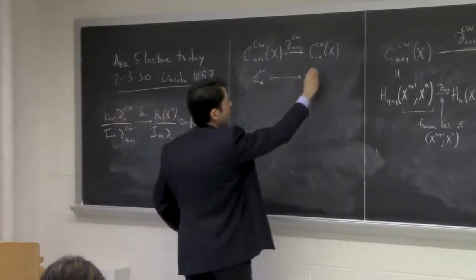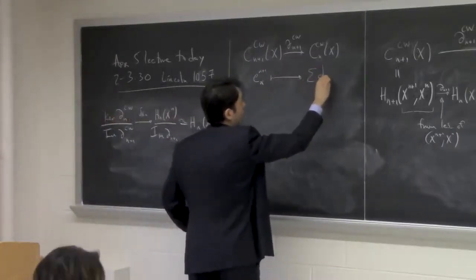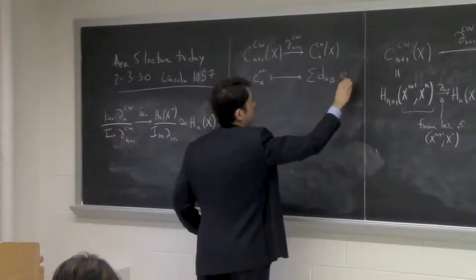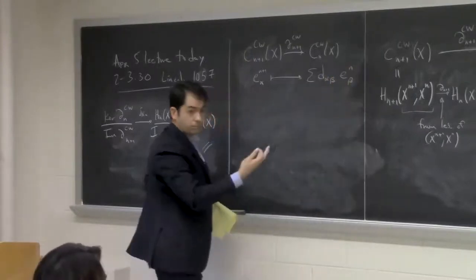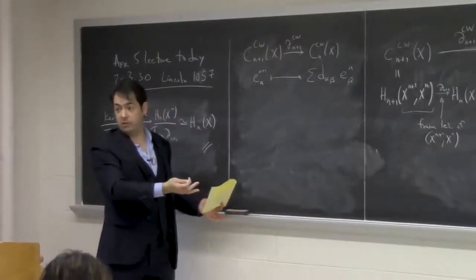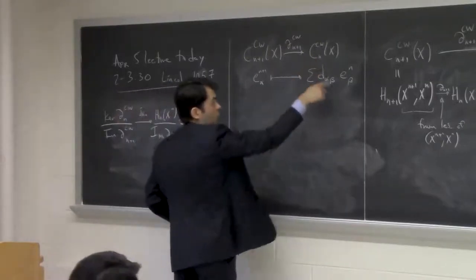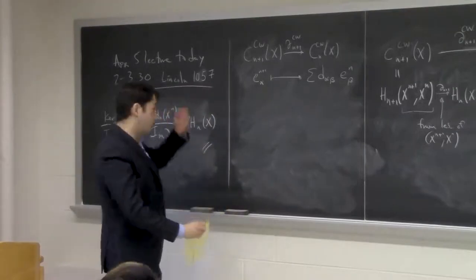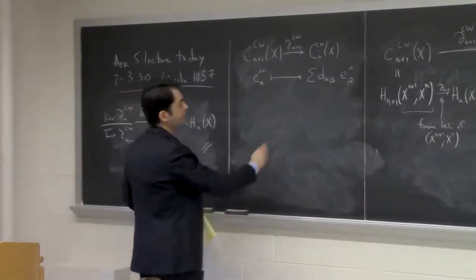So whatever this is, it's going to have to look something like this. It's just some Z linear combination of the n cells, because everything in here looks like this. So what are these coefficients?